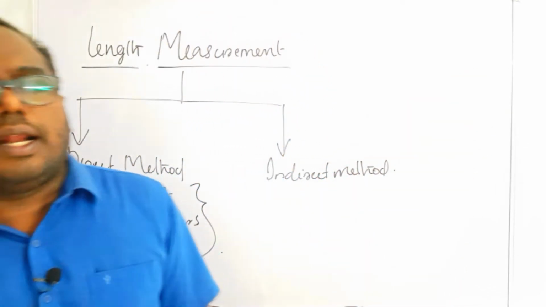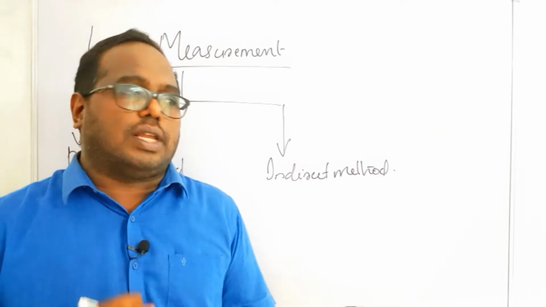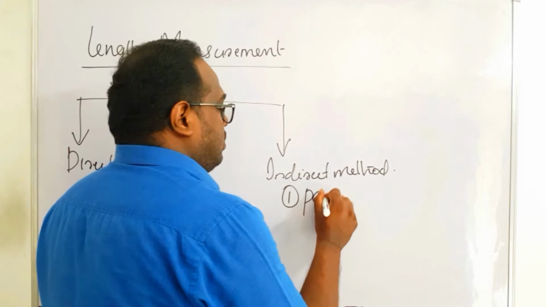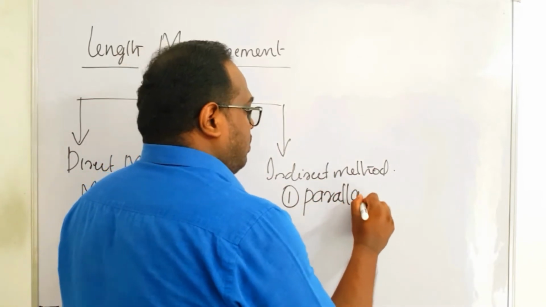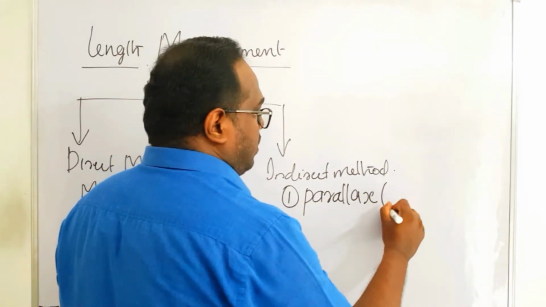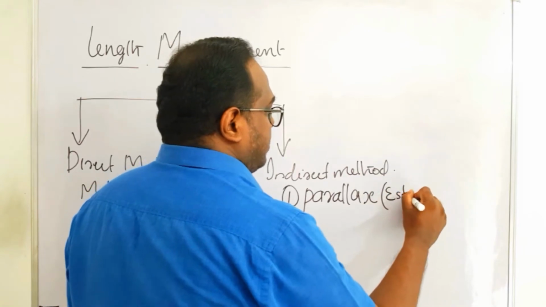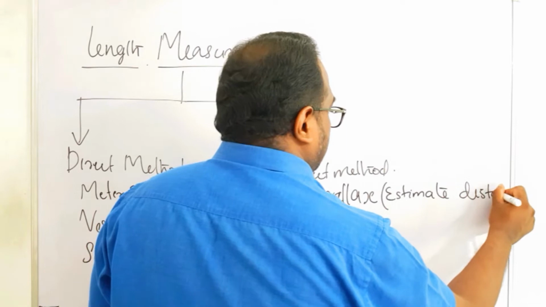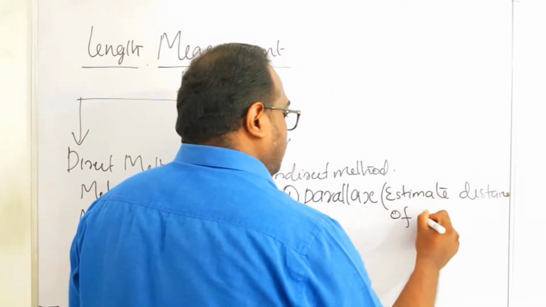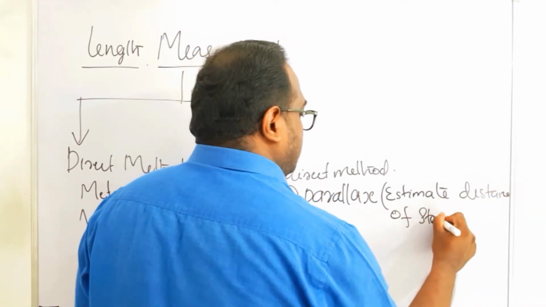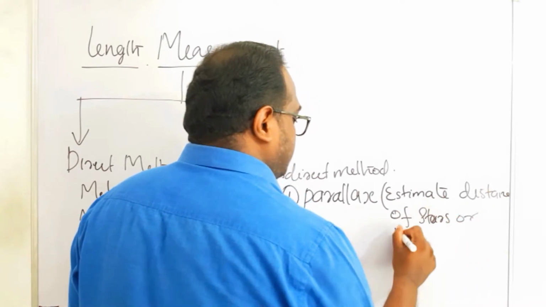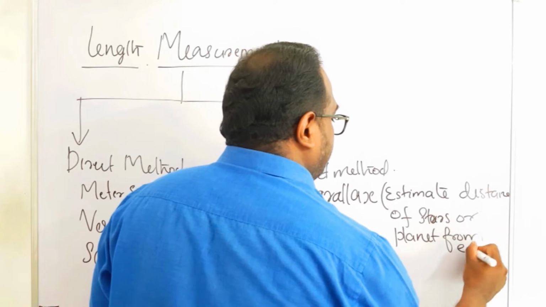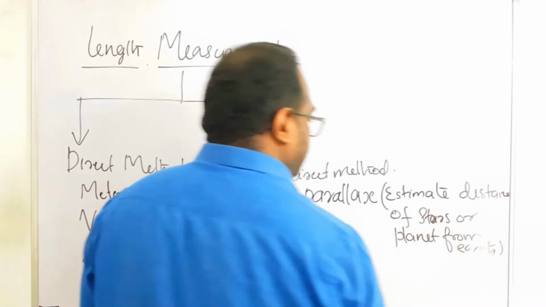So a lot of indirect methods are there. In your syllabus, we have to study two methods. One is parallax method, parallax to estimate distance of stars or planet from Earth.